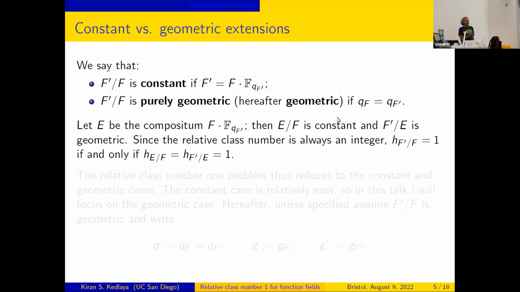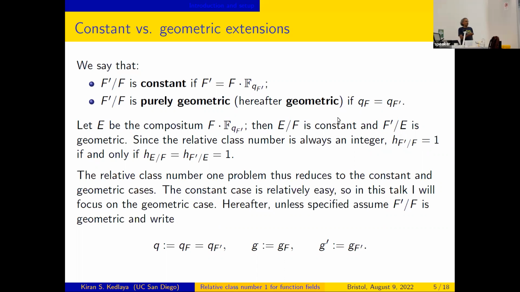There's also, of course, a mixed case, but you can handle the mixed case by saying, well, if you have a general extension of function fields, in between you can put the composite of the base function field with the constants of the larger field. And then since the relative class number is an integer, relative class number one implies relative class number one for the two sub-extensions. And so once you solve the two subcases, it's quite easy to put everything together.